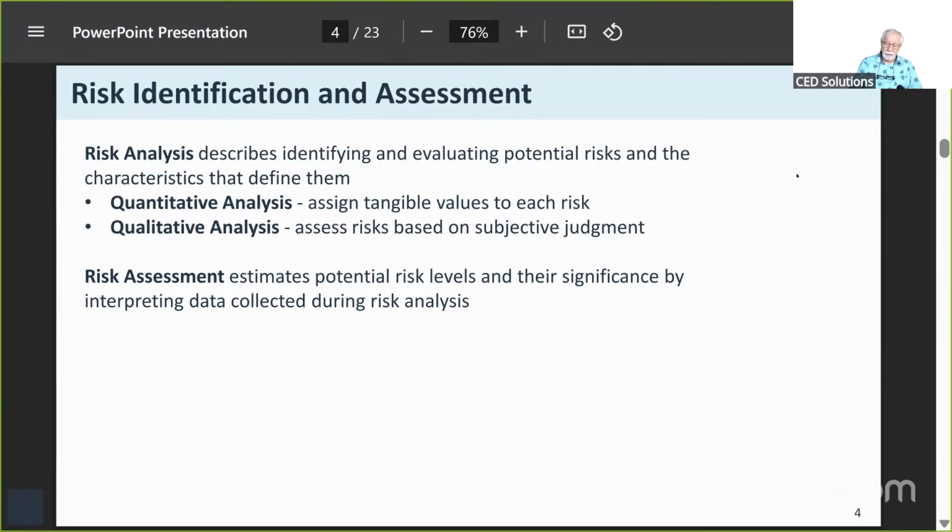Now, I mentioned to you earlier, risk assessment is something that we must do on a regular basis. And then we have to determine how we are going to manage the risks that we uncover during our vulnerability, threat, and risk assessment processes.